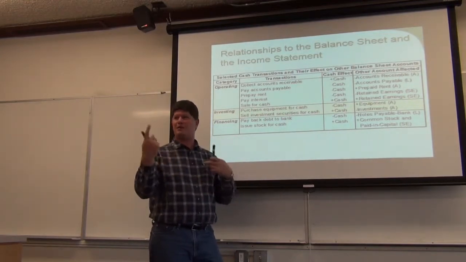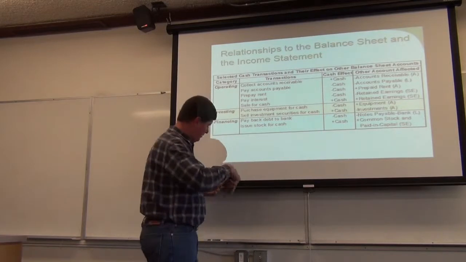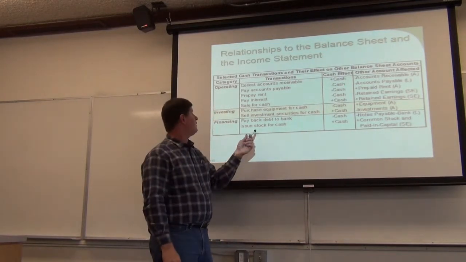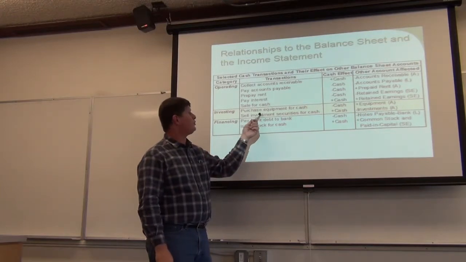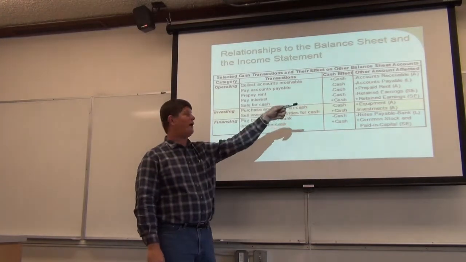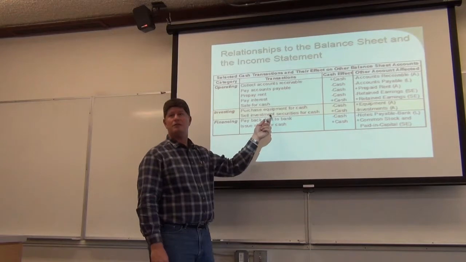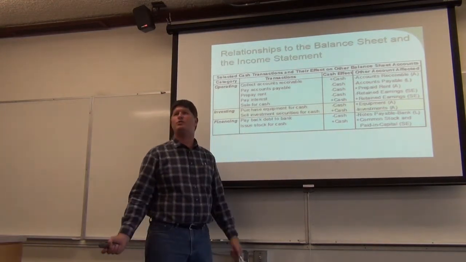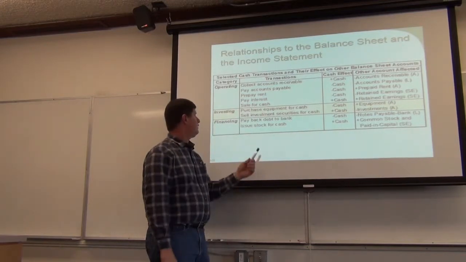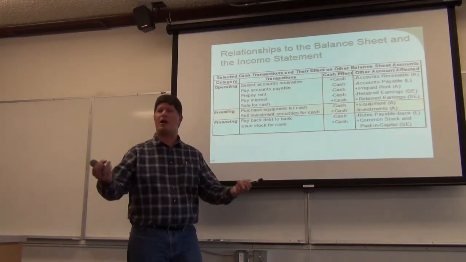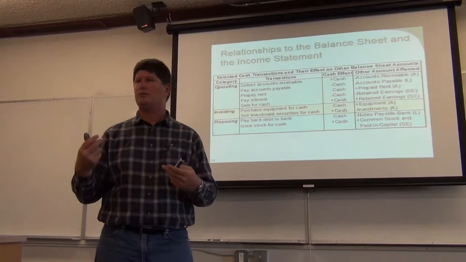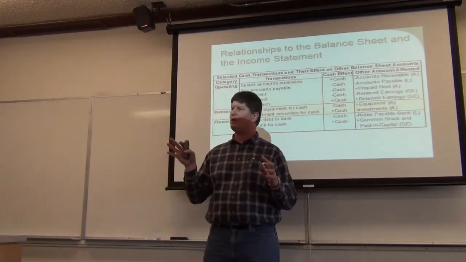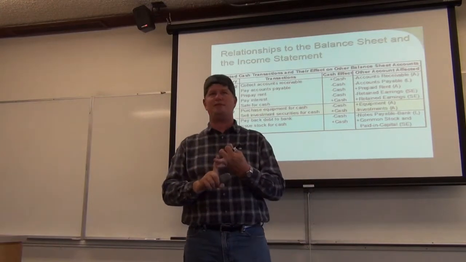Notice how I'm thinking about this. It's all around cash. It's a 360-degree view of cash. Is it leaving? Is it coming? Purchase equipment, cash goes bye-bye. Selling securities, cash comes in the door. Paying off debt, cash goes bye-bye. Issuing stock, we're selling stock, we get cash. It ties in very neatly with my concept of debits and credits. What did you give up and what did you get?